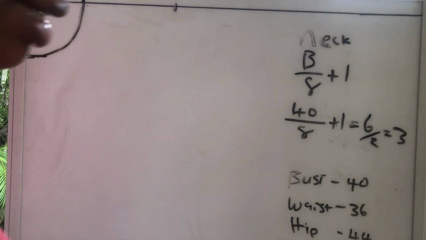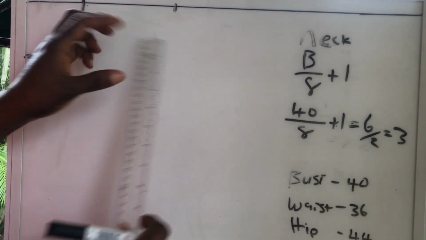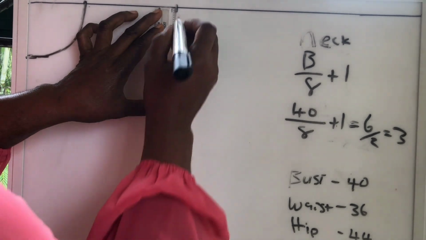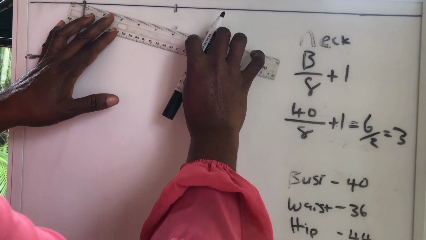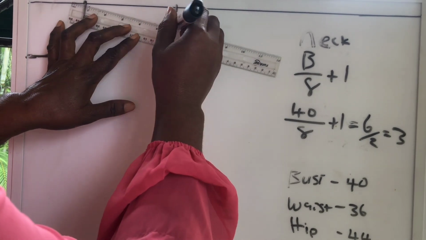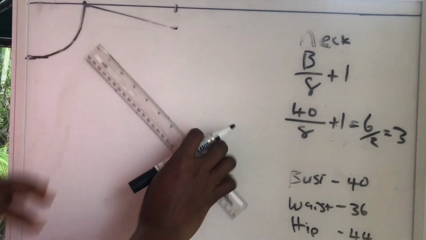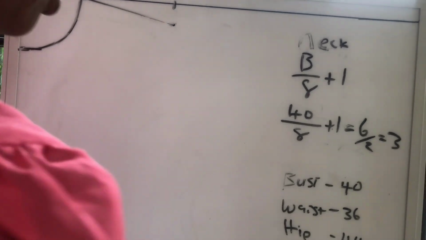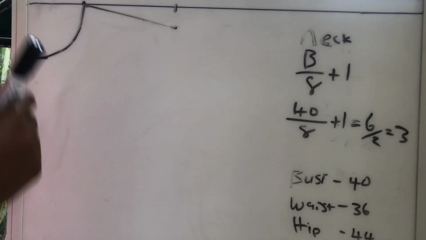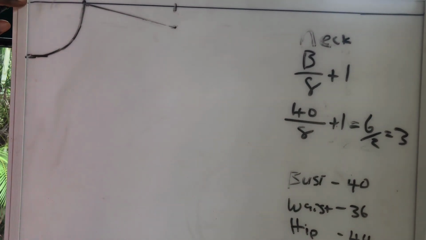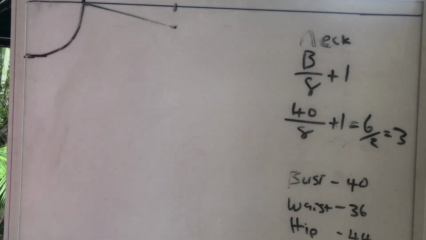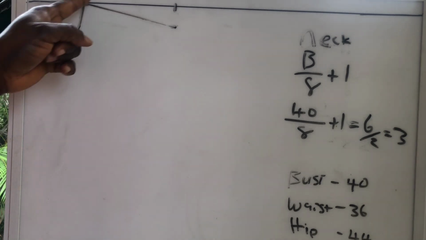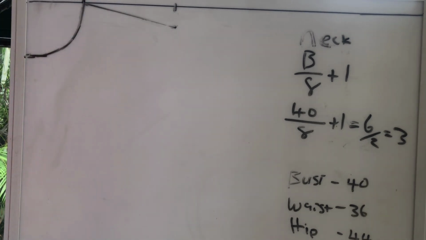Now we are slanting by 1 inch, and we come down by 1 inch. I used to see people slanting their shoulder from here. It is wrong. Please slant your shoulder from this 3 inches, you don't slant your shoulder from here, you slant it from here.